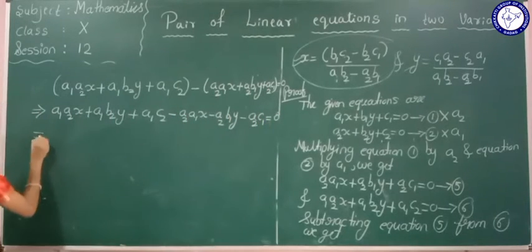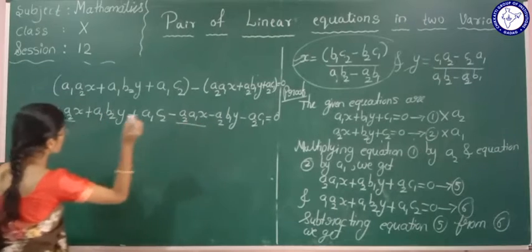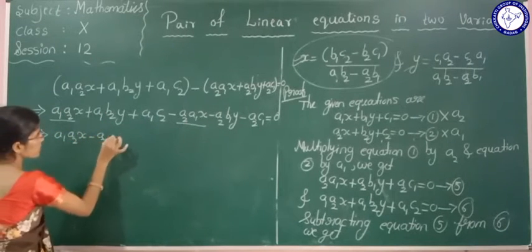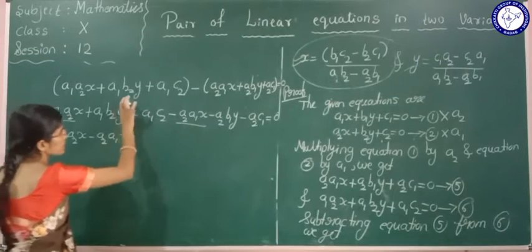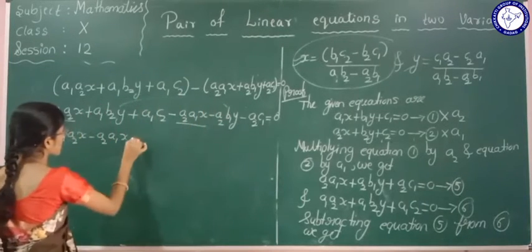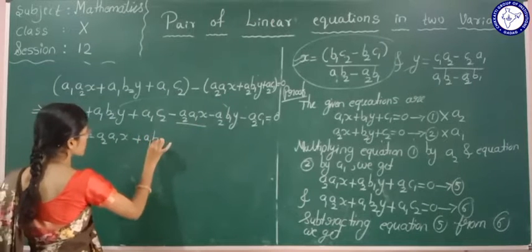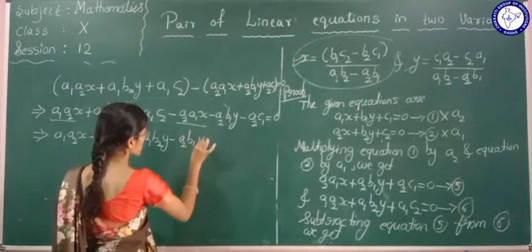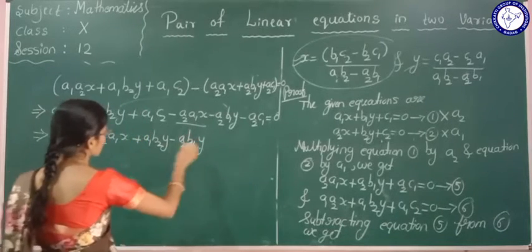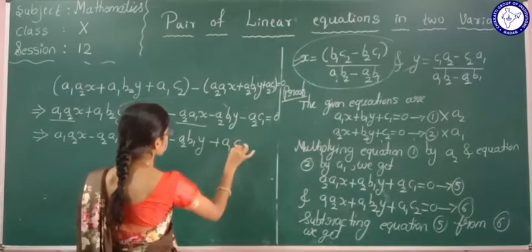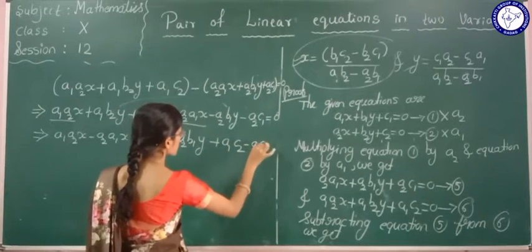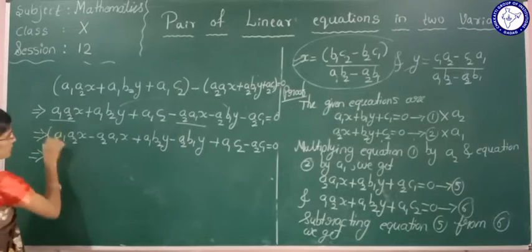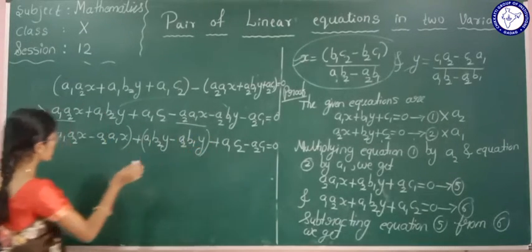Now we will collect x terms on one side. What is that? a1a2x minus a2a1x. We will collect y terms on one side, that is plus a1b2y minus a2b1y, plus the constant terms on one side, a1c2 minus a2c1 is equal to 0. So from this we will take x common.